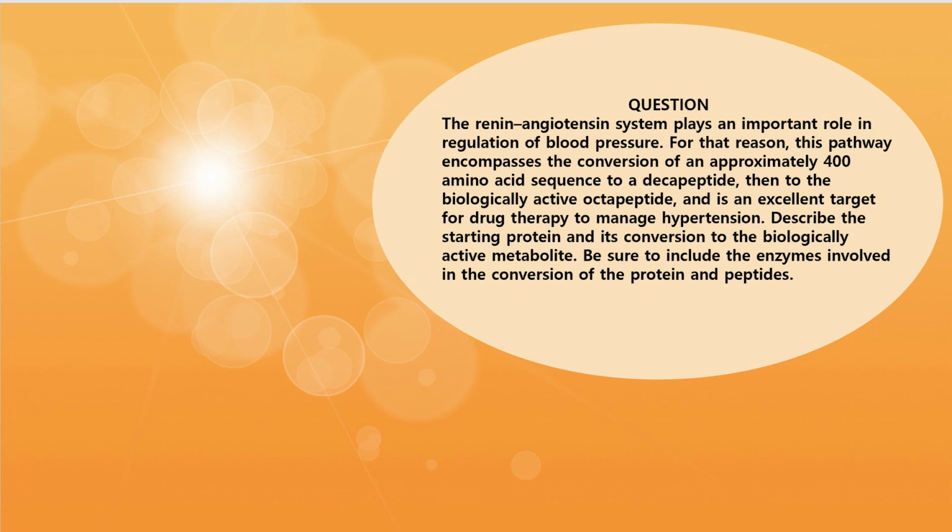Describe the starting protein and its conversion to the biologically active metabolite. Be sure to include the enzymes involved in the conversion of the protein and peptides. So come prepared to answer this question.